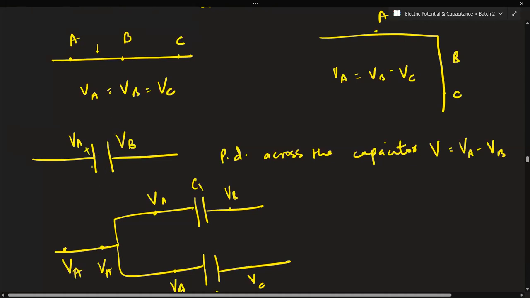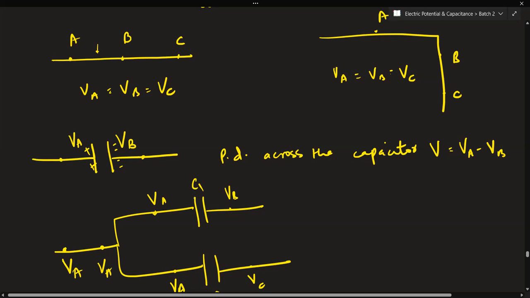It means at one end of the capacitor's plate, there will be some potential. At the end of the other plate of the capacitor, there will be another potential. Even though this is the same wire, the potential gets changed. So if you are asked to calculate the potential difference across the capacitor, since you are getting two different potentials, you can take the difference of them and get the potential difference.